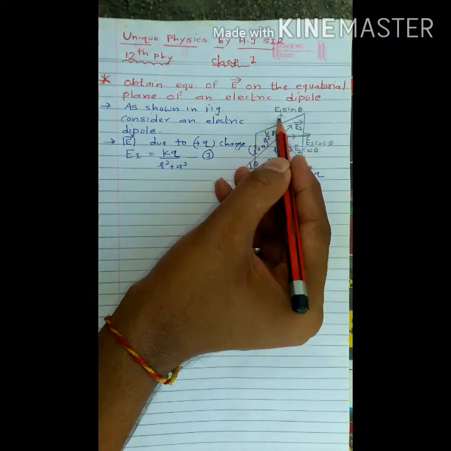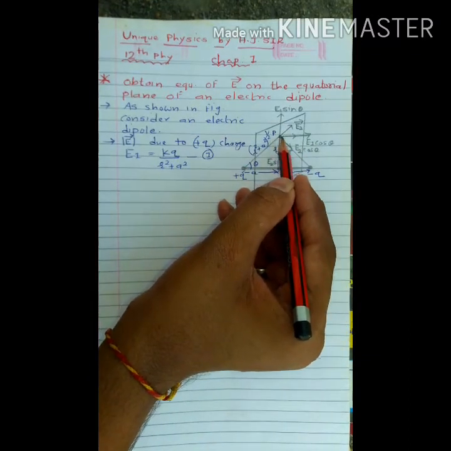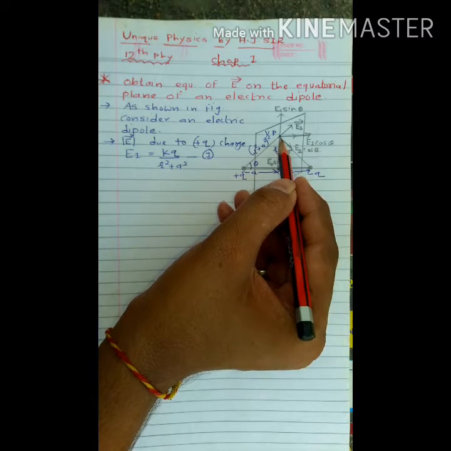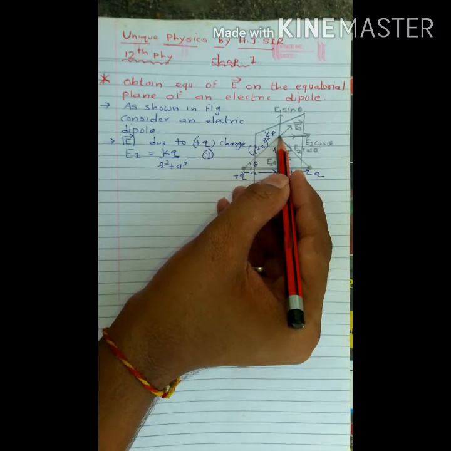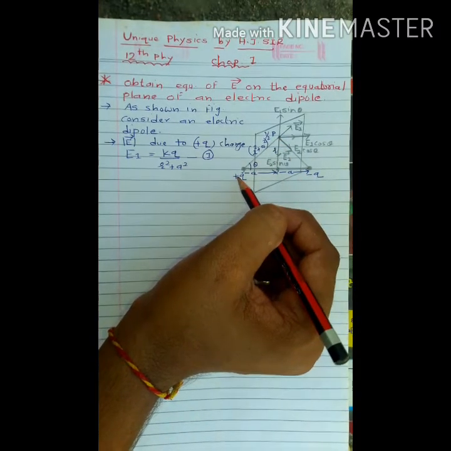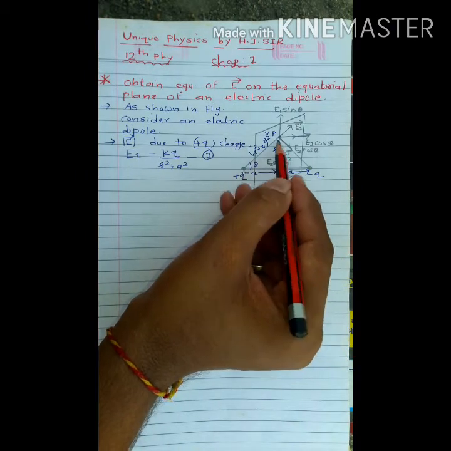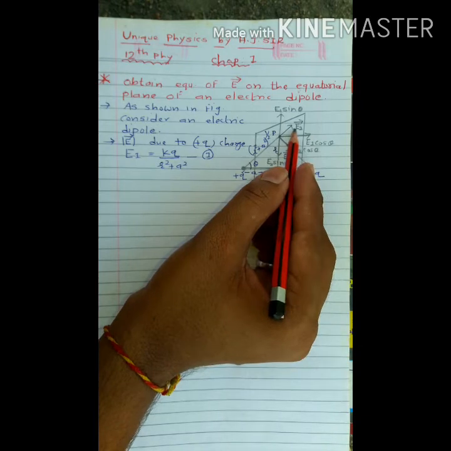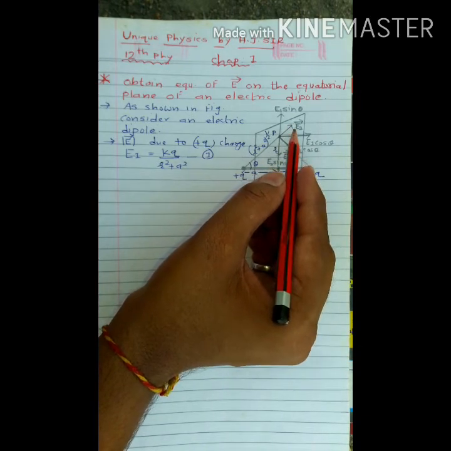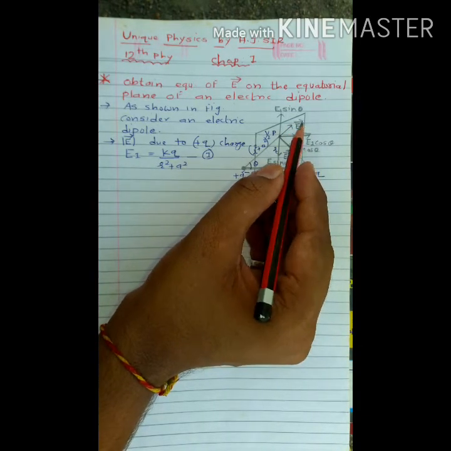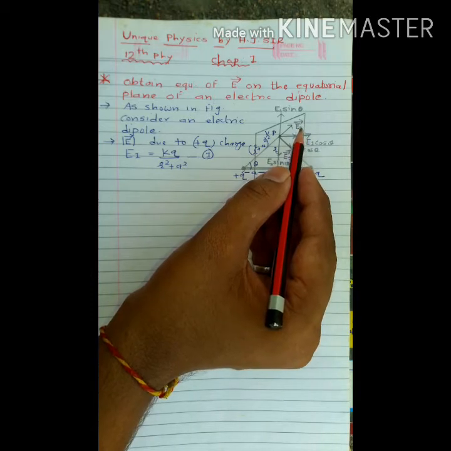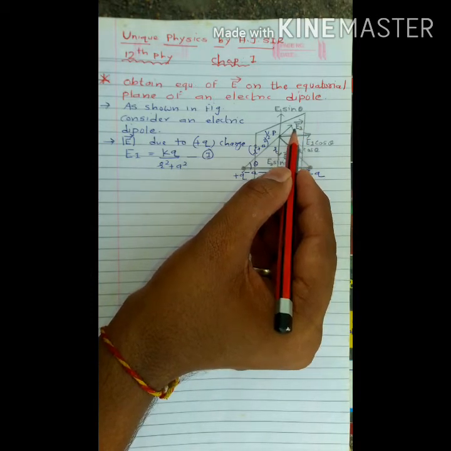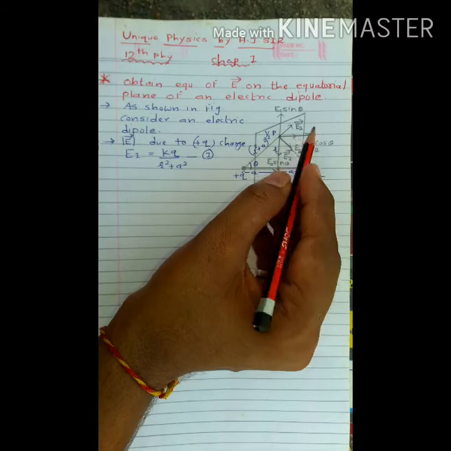Now here we consider a point P at which we want the total electric field. First of all, we have plus q charge. Plus q charge produces electric field in this direction. So the electric field due to plus q charge is given by vector E1. Now we will resolve this vector quantity into its components.